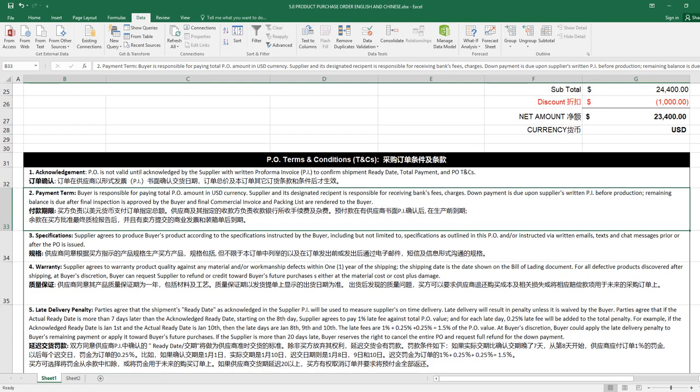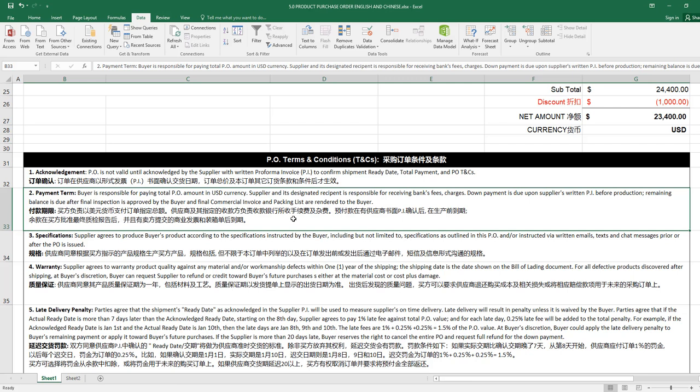The reason I said your down payment is due with their supplier's written pro forma invoice before production is because you need their formal acknowledgement to your expectations on the ready date, on the payment, and the entire purchase order's terms and conditions. Only with their acknowledgement that they agree with these terms and conditions, you issue your first down payment.